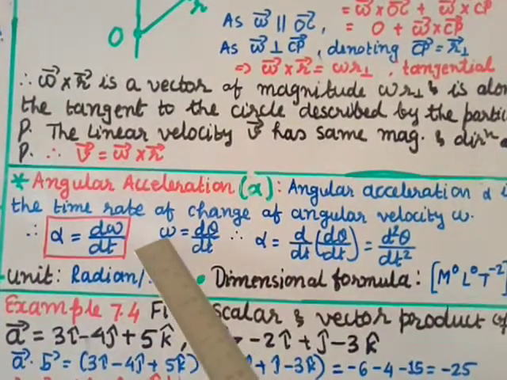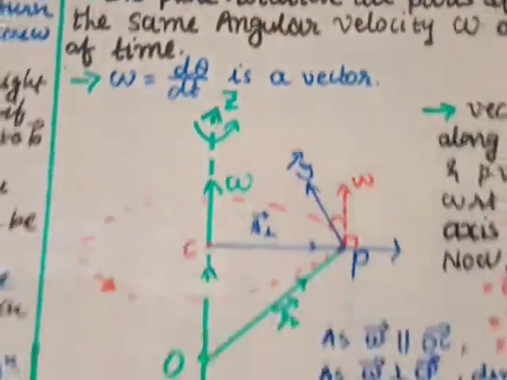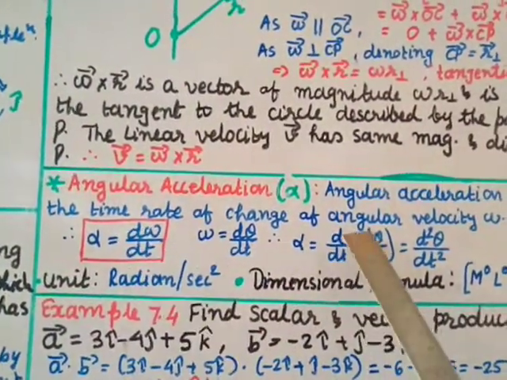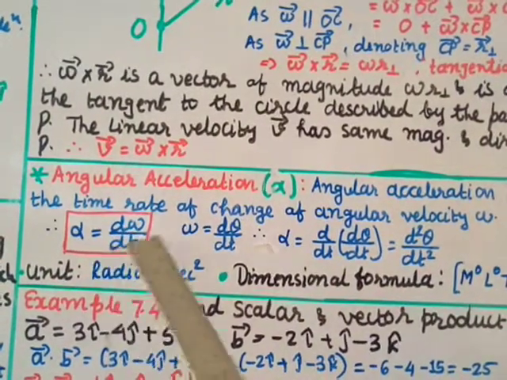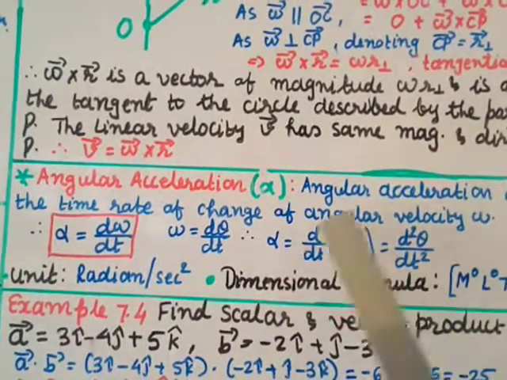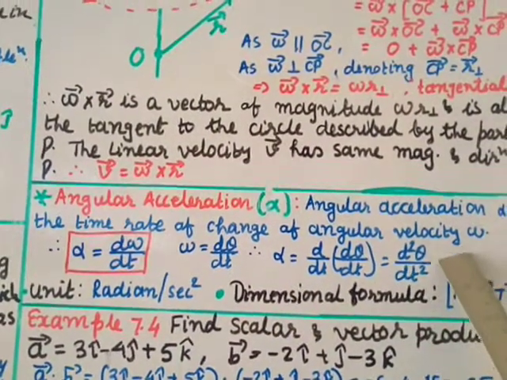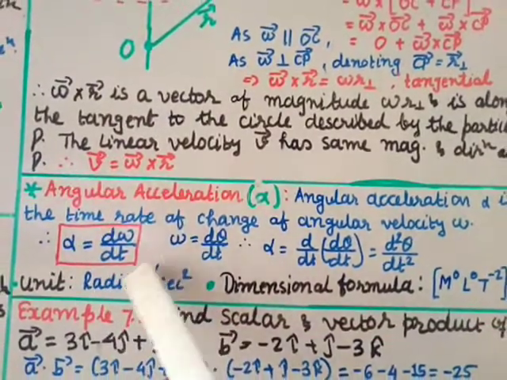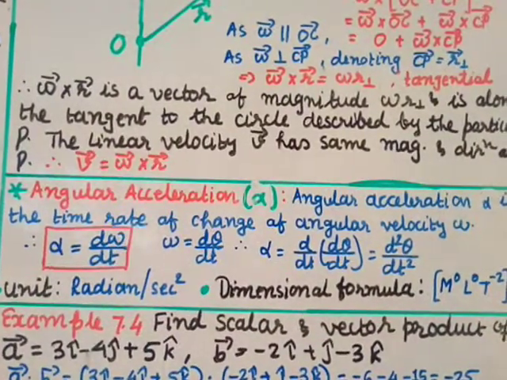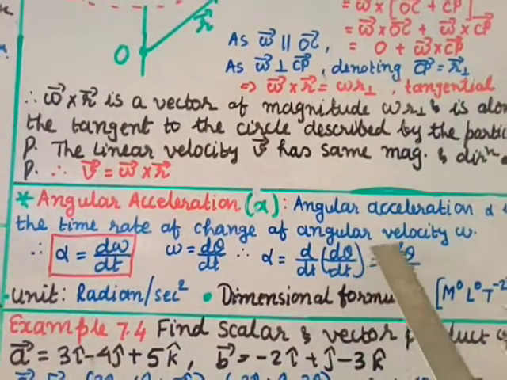Now we know that omega is equal to d theta by dt, which we already defined. So I put omega equal to d theta by dt, and d by dt as it is. Then this will give you d square theta by dt square. So alpha is equal to d omega by dt or d square theta by dt square.